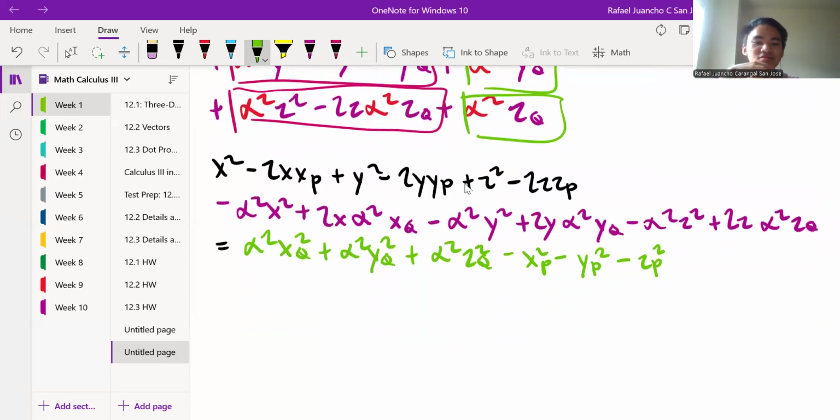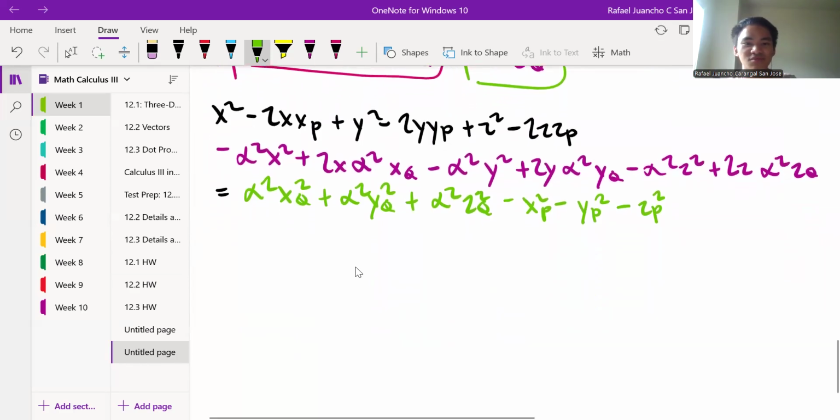Right, so this is just us arranging. Here we managed to put all of the x's on one side, all of the y's on one side, all the x, y, z's on the left side, and then all of the constants on the other side. So that's what we just did here.